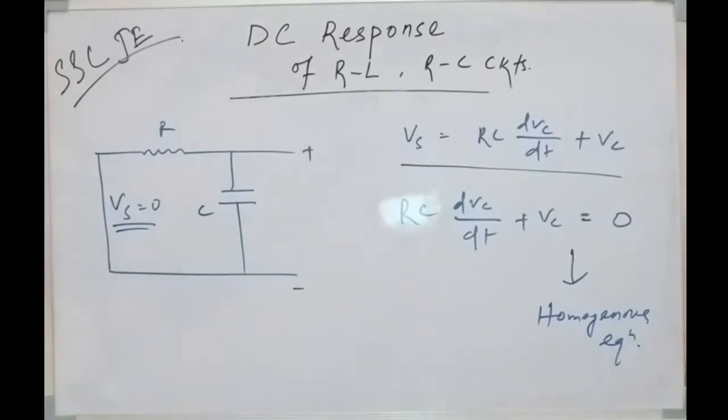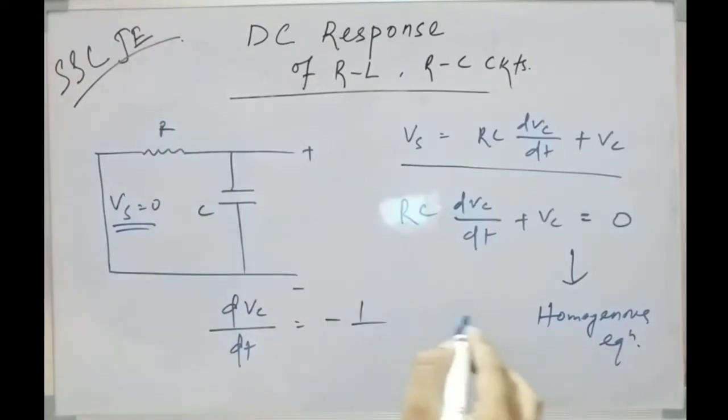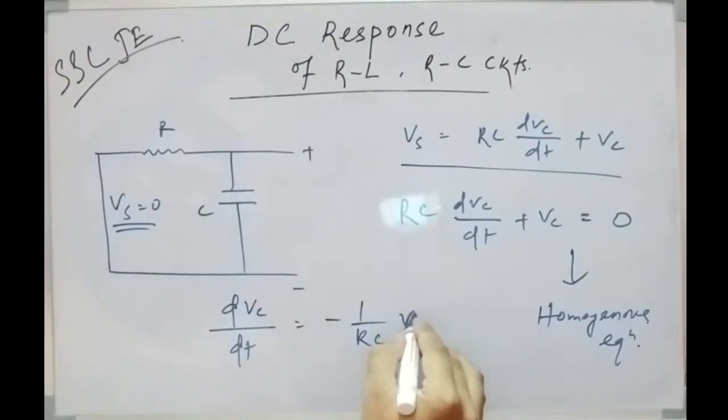So, homogeneous equation. What will be the solution for this? I'm directly writing the solution for this equation. dVc by dt equals minus 1 by RC Vc.